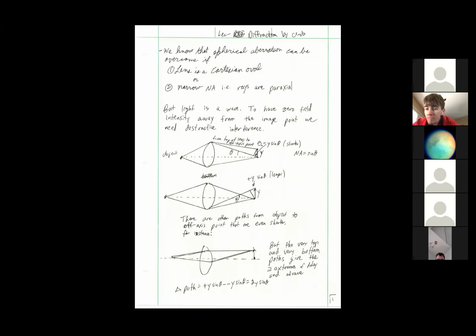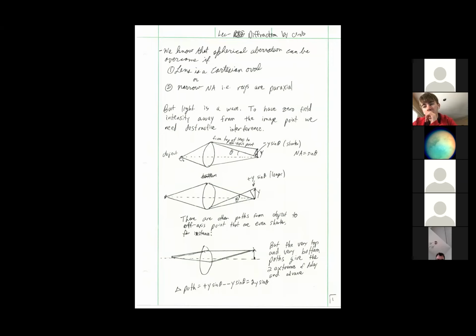But the largest possible path difference would be the path difference between a path that goes from the top of the lens to here and the path that goes from the bottom of the lens to here. Now, drawing both of those paths and these two on the same diagram is complicated. So what we're going to do is measure this path length and this path length relative to these two, because these two paths take the same amount of time, all right?